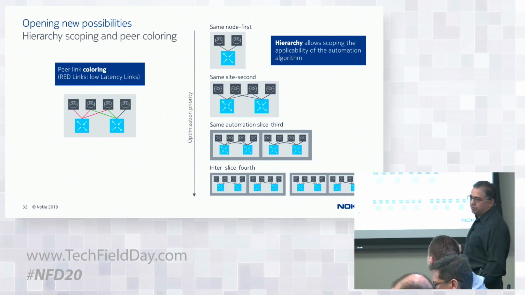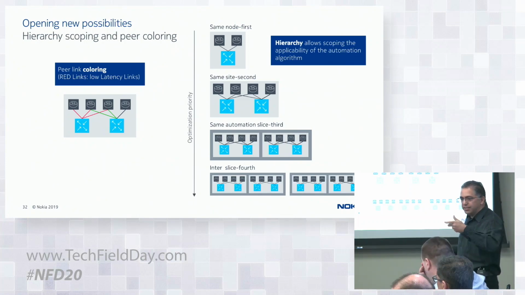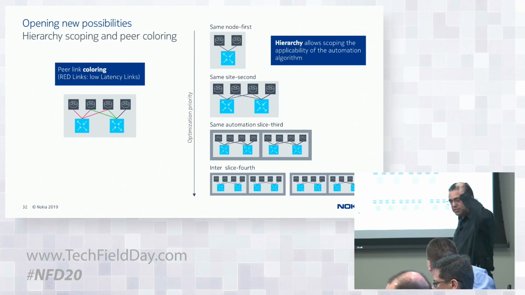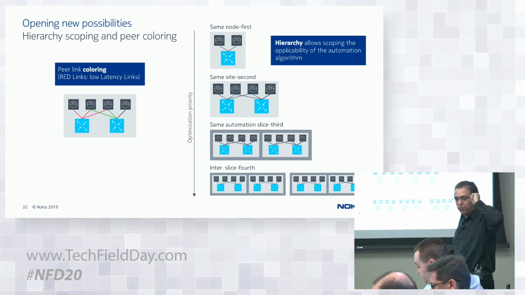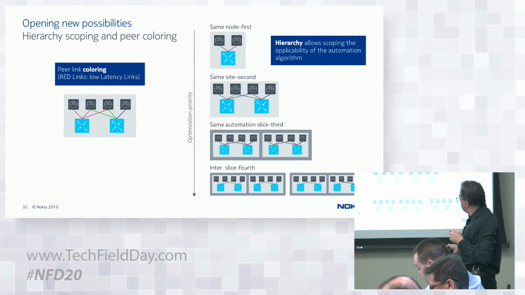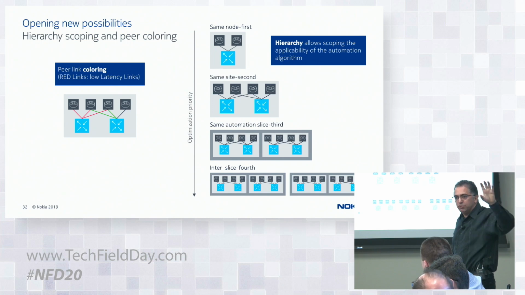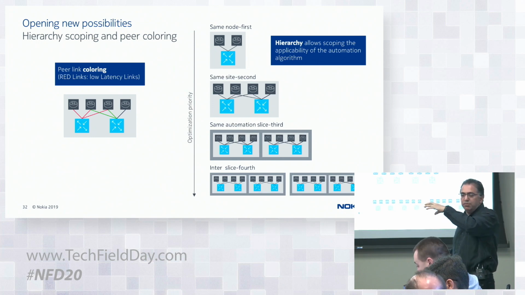A lot of service providers found that very useful because when they design and implement existing solutions in their network, they take that into account already. They know, for example, that these routers are in New York, and through their names they know exactly where the traffic will come from. So this helps them say, if you optimize within New York, keep within New York. If you don't find capacity, look within, for example, locations closer to New York, and so on.